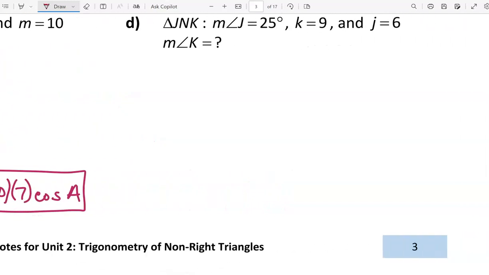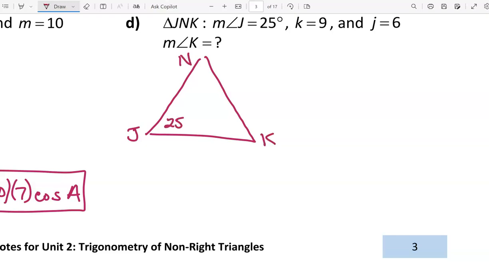All right, let's move on to triangle JNK. Measure of angle J is 25 degrees. The measure of side K is 9. The measure of side J is 6. And we are looking for the measure of angle K. This is a 2 sides, 2 angles situation, so we can write a proportion using the law of sines.